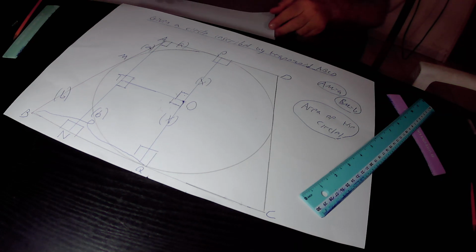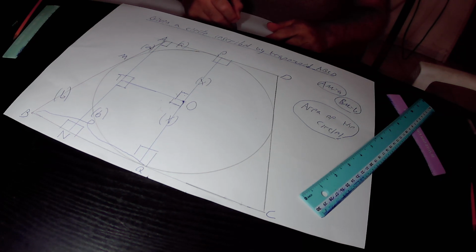So write it down: shape ANQP consists of four sides, and therefore APQN is a quadrilateral.